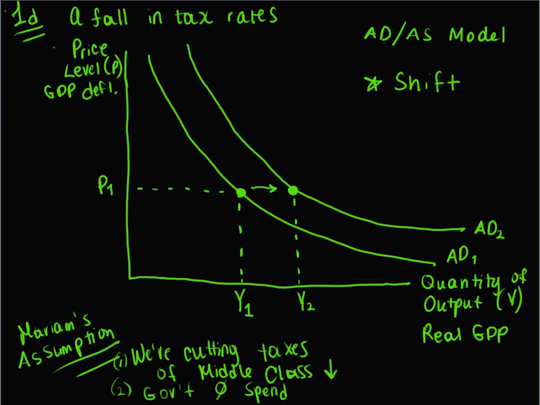Part 1E asks you to consider the effect on aggregate demand of an increase in the real value of assets in the economy due to a lower price level. So again, before I even consider the dynamics here, I'm going to set up my ADAS model, my aggregate demand, aggregate supply model.